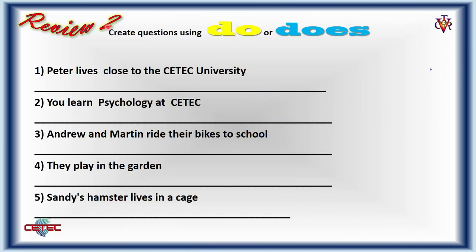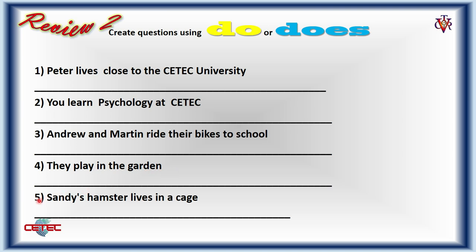Review number 2. Create questions using do or does. Question number 1. Peter lives close to the Tech University. Number 2. You learn psychology at the Tech. Number 3. Andrew and Martin ride their bikes to school. Number 4. They play in the garden.